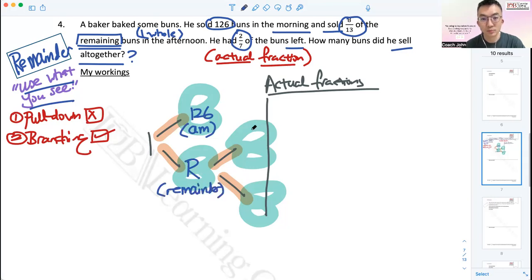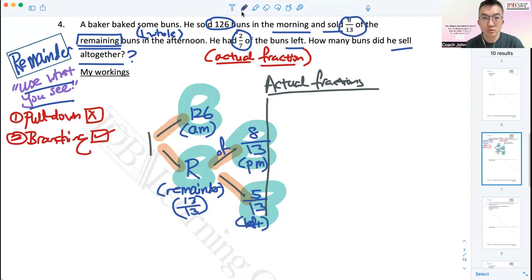And then here will be 8 over 13, 8 out of 13 of the remainder. So in the afternoon, PM, in this case, it's actually 1 out of 13, so minus 8 will be 5 out of 13. And this is the left.